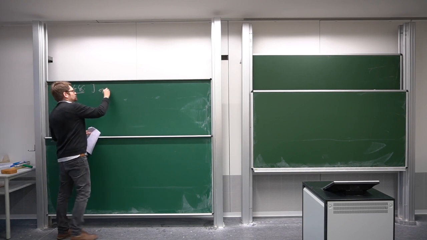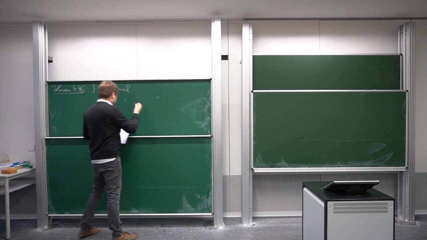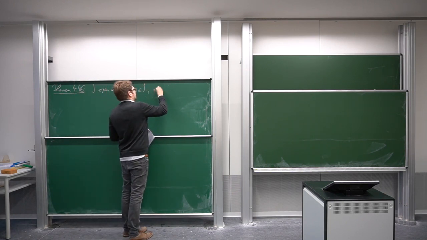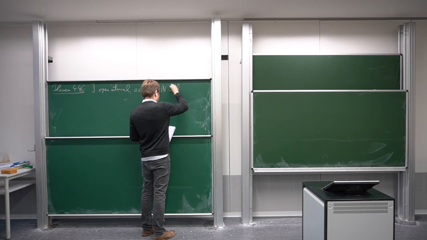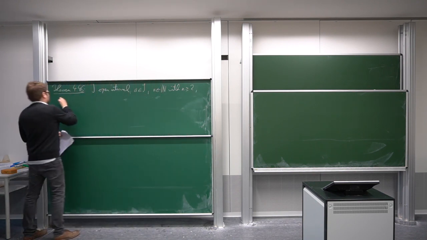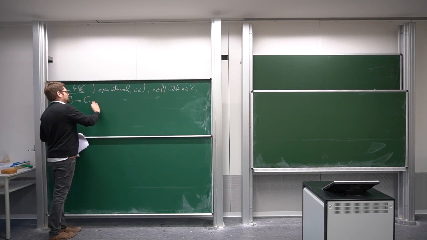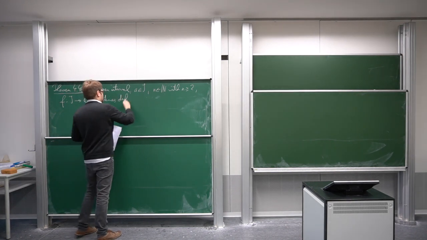Namely, we want a function on an open interval I. We have some point a in I. We have n in N, and we want that f from I to C to be n times differentiable.